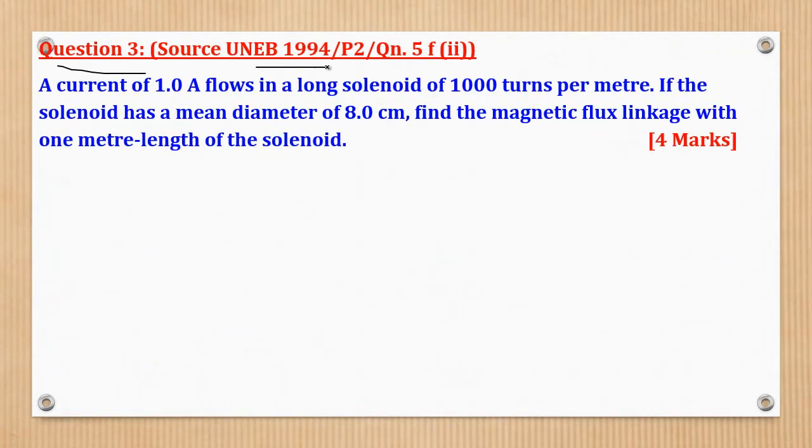Question 3 came from U.A.C.E of 1994, paper 2, question 5F Roman 2, and says, a current of 1 ampere flows in a long solenoid of 1000 turns per meter.